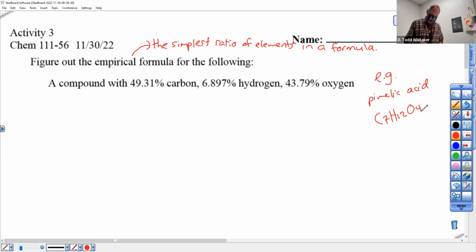Good. And that actually is the empirical formula. You can't get a simplification.